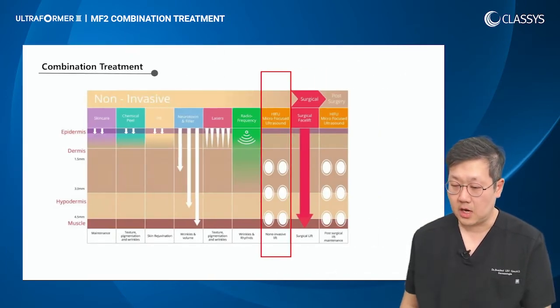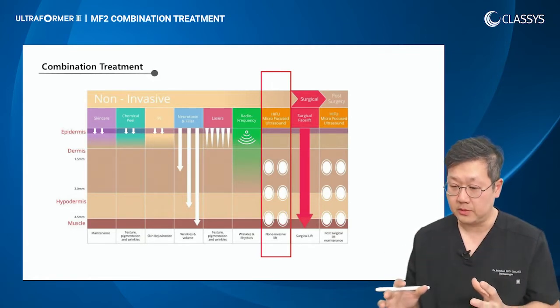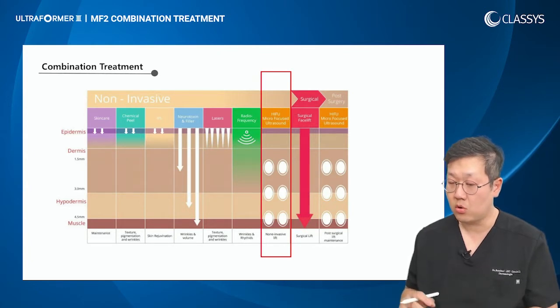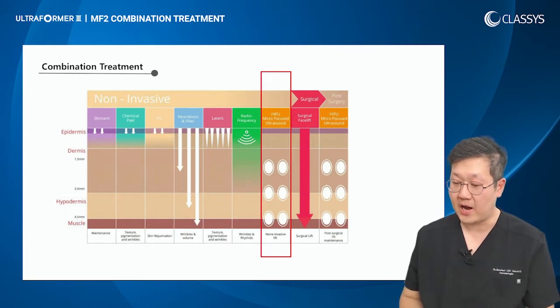But I think that high-focus ultrasound is the most important and most widely usable device, because the other options, like chemical peels and lasers, especially fully ablative lasers and laser resurfacing, are quite strong weapons. But especially for the neck, they have a longer downtime. Sometimes it is not controllable, and sometimes it is a barrier to comfortable treatment.